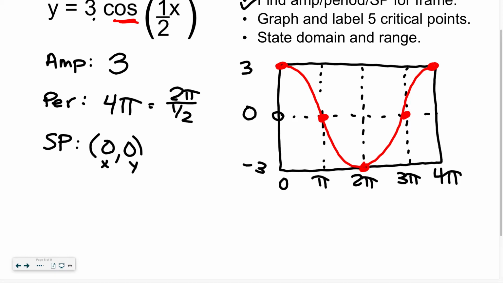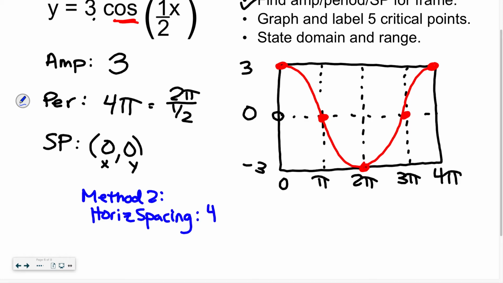If I were doing method 2 for my horizontal spacing, I would take my period 4 pi and I would divide it by 4 or multiply it by 1/4. Probably dividing by 4 is fine here.